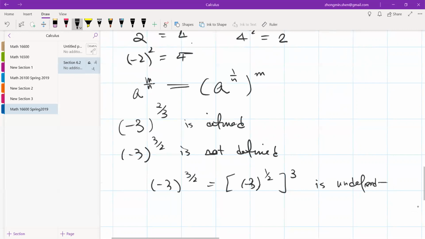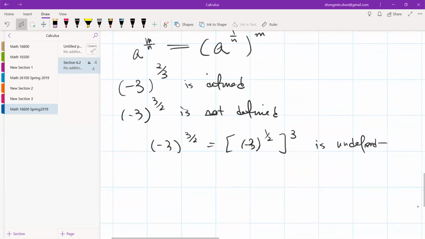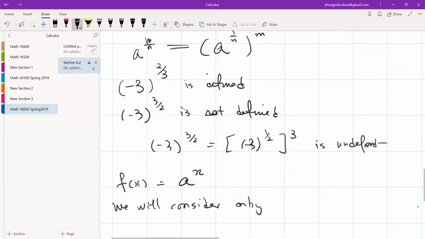Okay, it is undefined. So from now on, we will only consider positive a, otherwise we have trouble talking about it. So for f of x equals a to the power x, we will consider only positive bases.